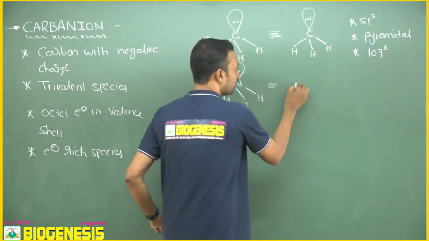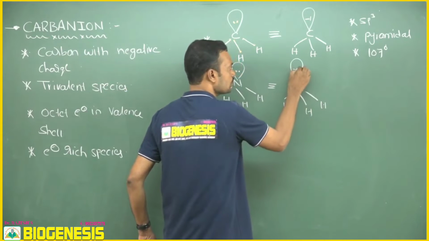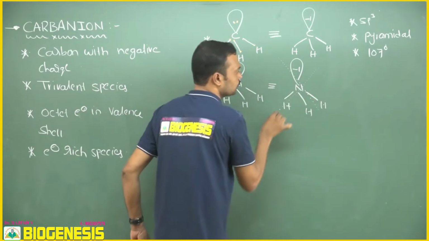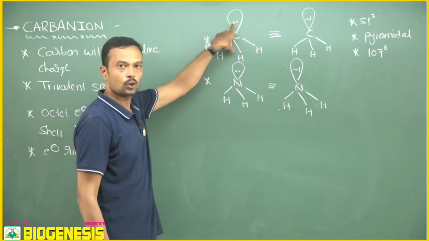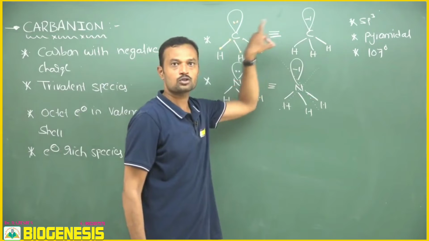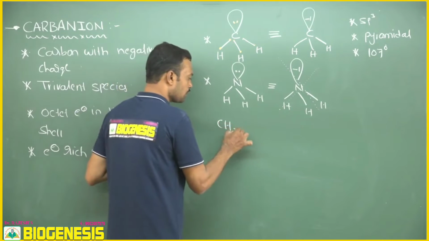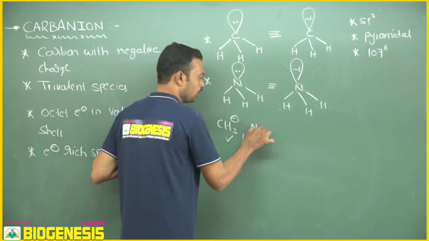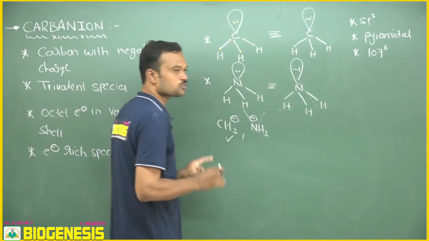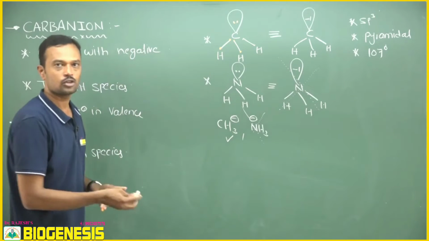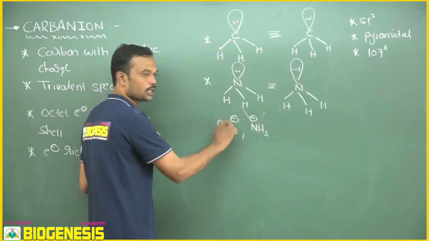So here writing nitrogen with 3 bond pairs with a negative charge is a meaningless representation. It is completely wrong. So you can write carbanion in the form of CH3 with a lone pair, otherwise CH3 minus, but you should not write ammonia in the form of NH3 minus. Carbanion you can write like this, it exists, but ammonia we cannot write like this, it does not exist. Why? Because this negative charge comes from another element, which may be a metal or hydrogen, which is donating an electron to this carbon, that's why it is getting the negative charge.